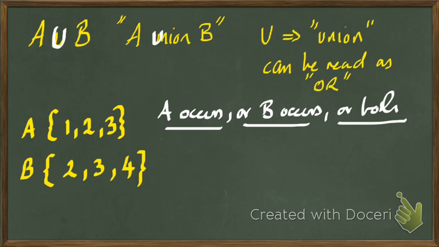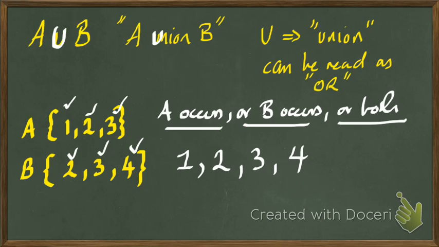So I can literally read off from here, in ascending order, what's in the sets. So I've got 1, and then a 2, and then a 3, and then a 4, and that would be A union B.